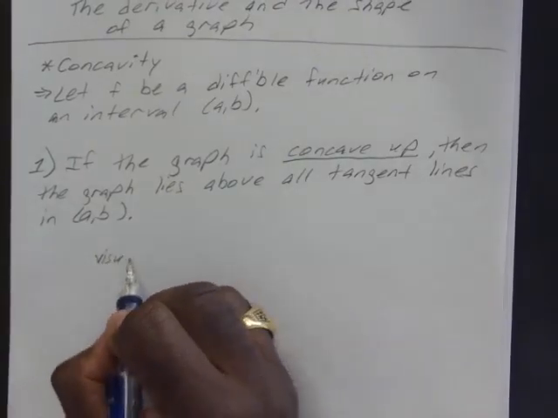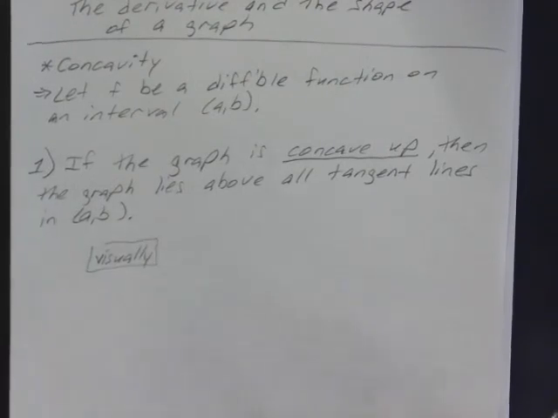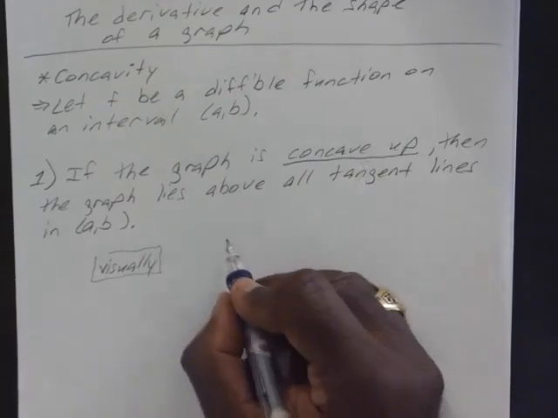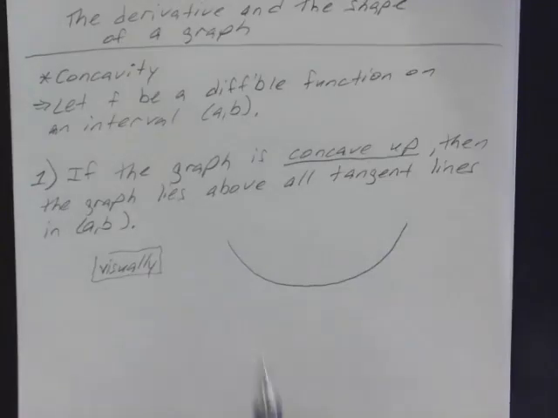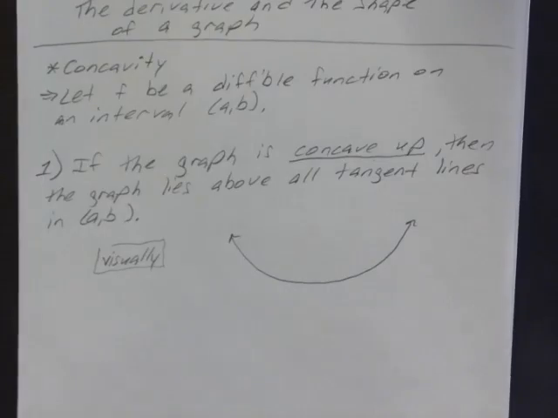Okay, so what that means is, let's say you take some concave up function. So we have our function, and we know it's concave up, so it looks something like that. And where's my ruler, paper?